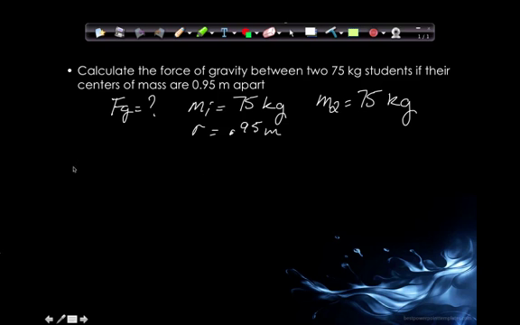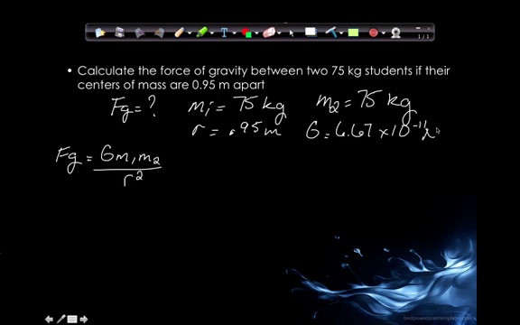All right, so we know that Fg is equal to big G times the mass of the first object times the mass of the second object divided by their distance squared. We know what G is. That's 6.67 times 10 to the negative 11th newtons meters squared divided by kilograms squared. Let's just check. Kilograms, kilograms, so they match.